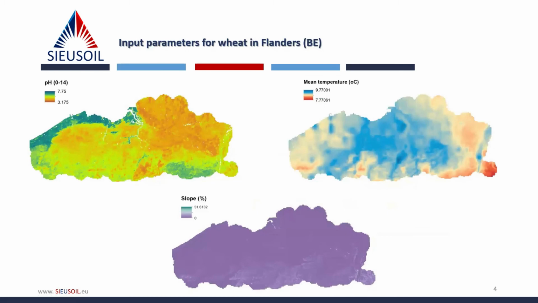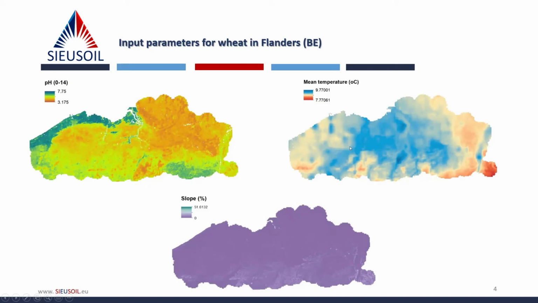As an example, this slide shows 3 maps of the input parameters. They are sample maps. On the top left is a pH map of the area in Flanders, specifically.